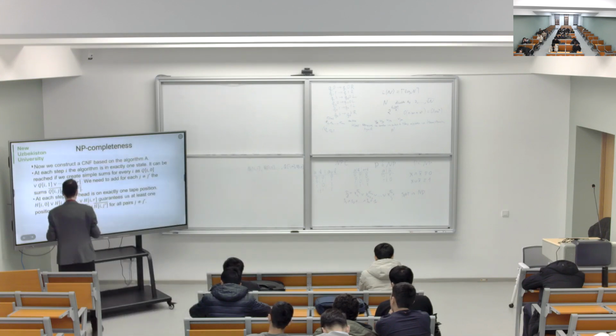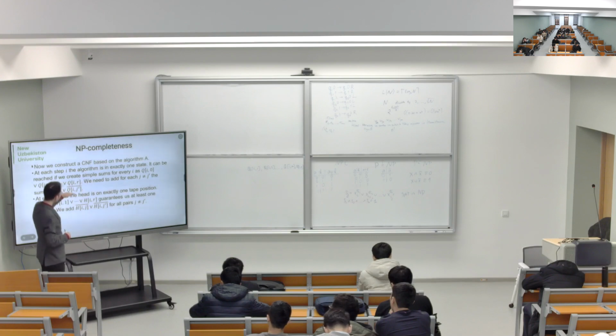Let's see what that is. So we will make all those sums that must be equal to 1. What does it mean? So the machine should be at step i in state j. If it is not, this variable will change from 1 to 0.